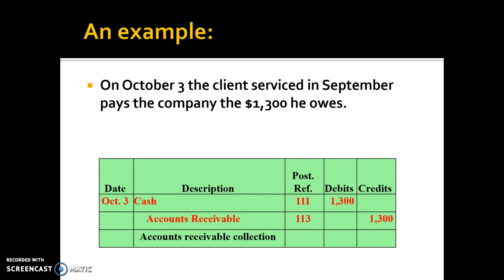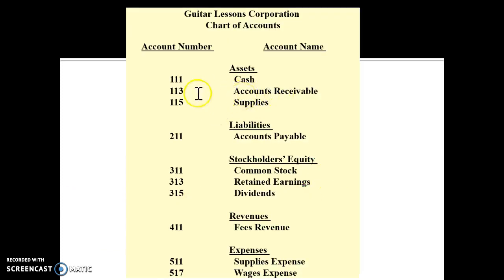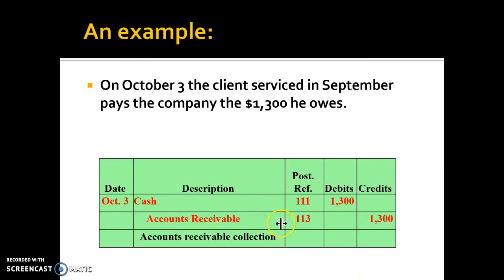Accounts receivable has the reference number 113, then we credit this account for 1,300. The last one is the description, which says it's the accounts receivable collection. You could write your own description. There's no set format, but you have to express what the transaction is about. Okay, so this is one complete journal entry.